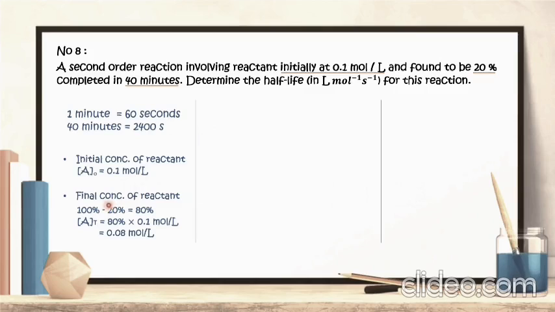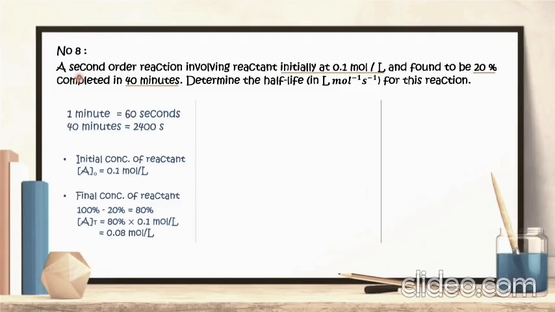For the final concentration, we take 100% minus 20%, which is 80%. To find the final molarity, take 80% times 0.1 mole per liter, and the final concentration of reactant will be 0.08 mole per liter.